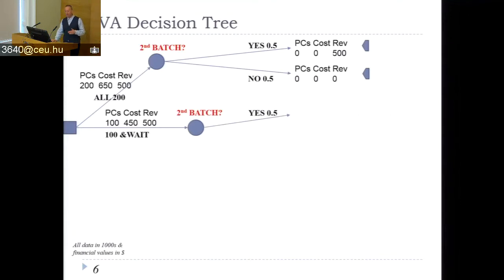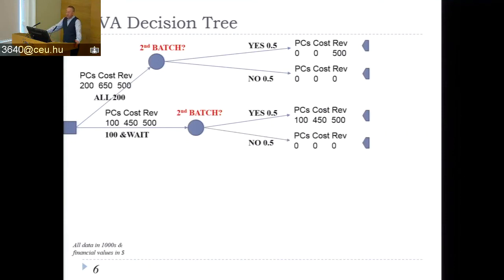Again, we have the same second batch yes or no option, and if we go through this, this means that because we only manufactured the first 100,000, we have to manufacture the second batch now.